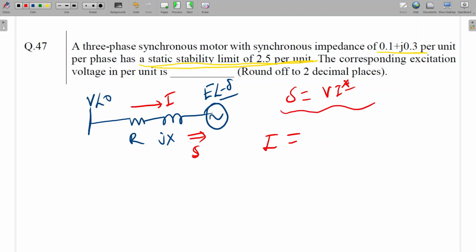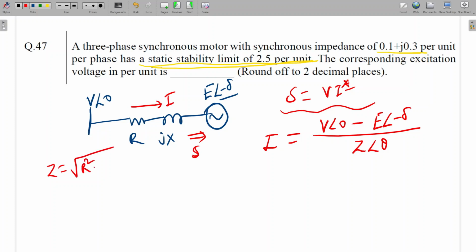In that case, plus minus confusion will not be there. You see how I am doing. I is equal to V angle 0 minus E angle minus delta divided by Z angle theta. What is the value of Z? Z is equal to the square root of R square plus X square, and theta will be tan inverse X by R.